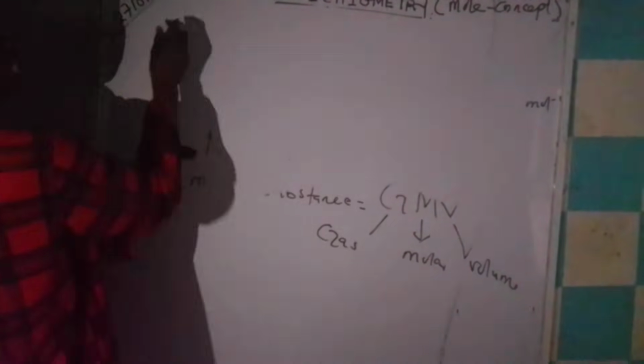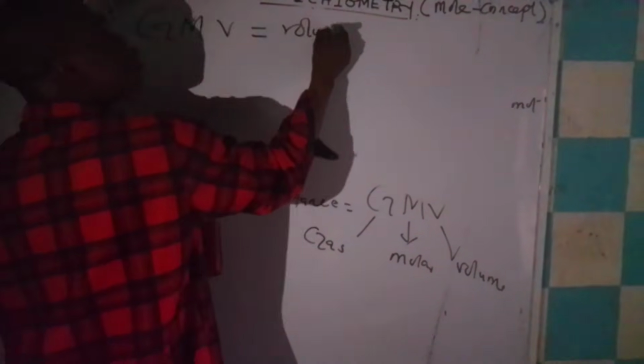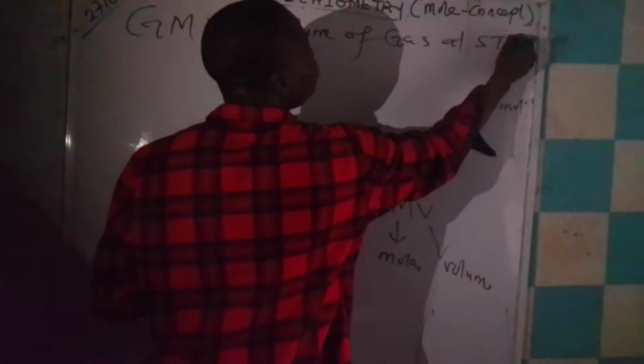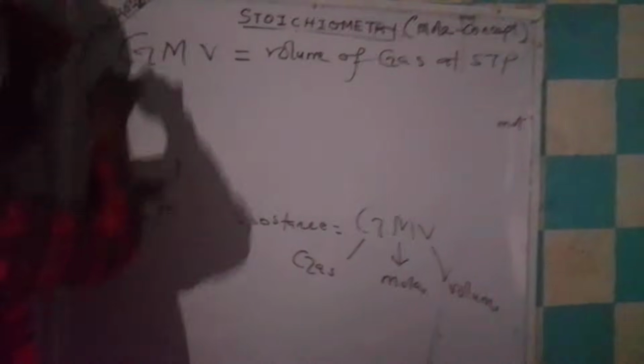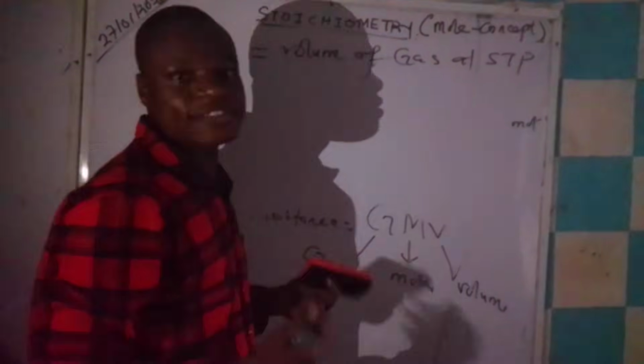Now, what I mean is that anywhere you see GMV, it is the same thing as the volume of gas at STP. Gas molar volume is the same thing as the volume of the gas at STP.